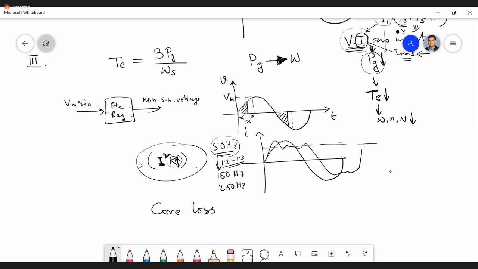But there are other losses which we generally don't consider for motors, like the stray load loss. Do you know what is the stray load loss? Have you heard this term, stray load loss? It is lost due to the tank of the transformer. In the tank, sometimes eddy current flow, so this loss.